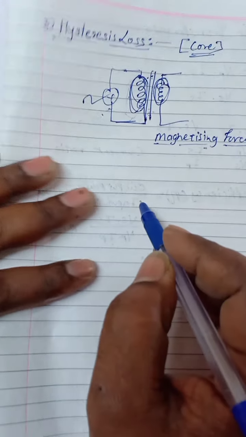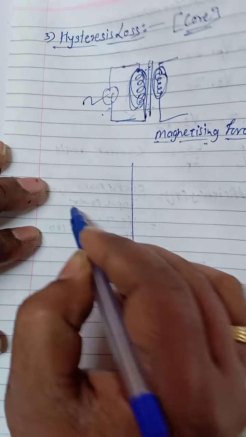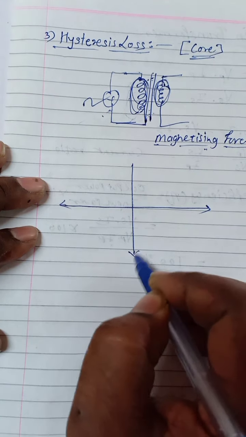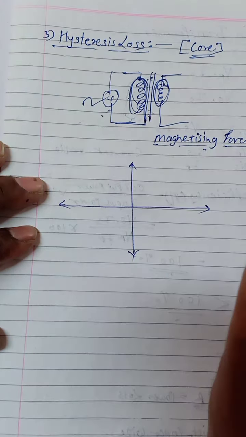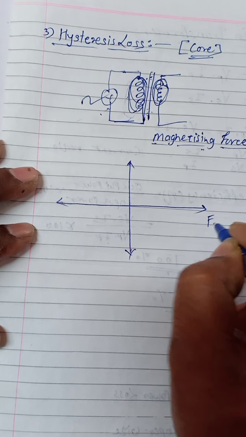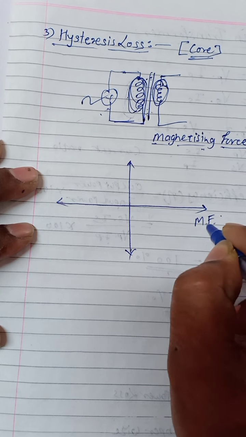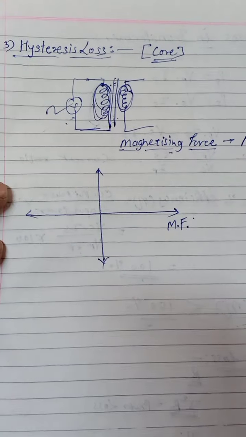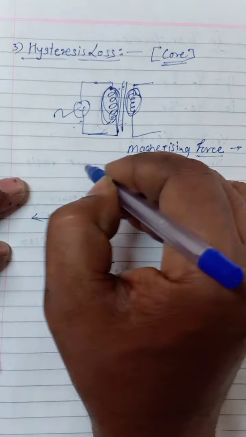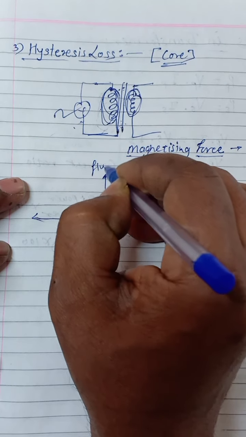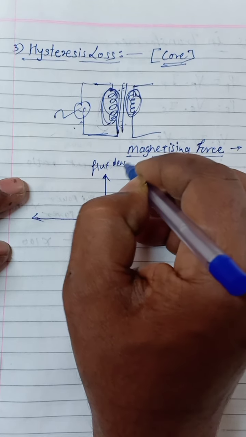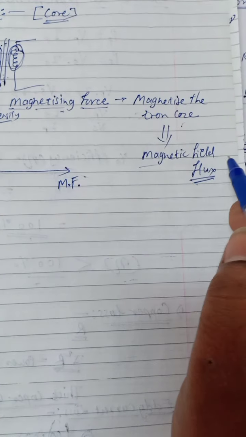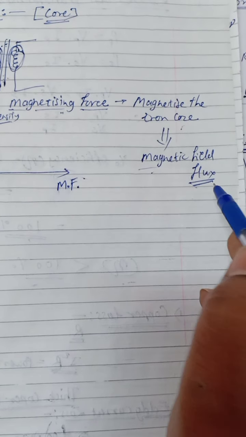If you plot the graph between the magnetizing force and the flux density, that is the magnetic field or flux.